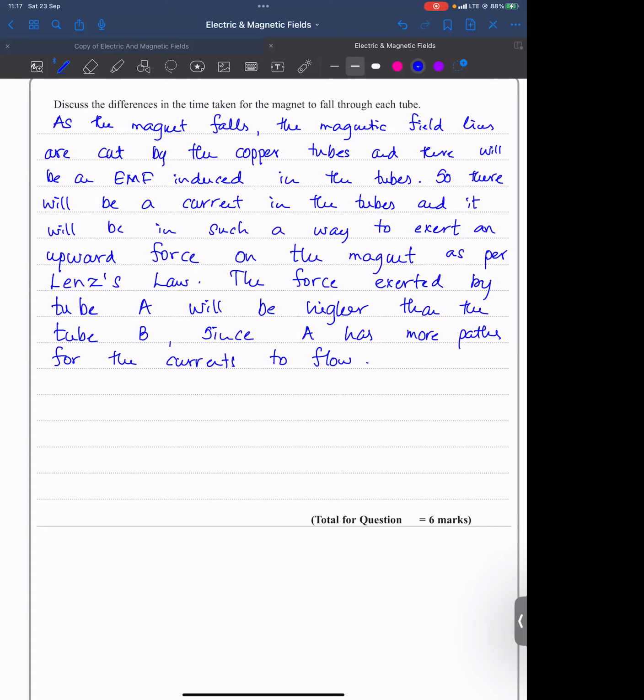Full stop. So the time taken for the magnet in A will be higher than in B.